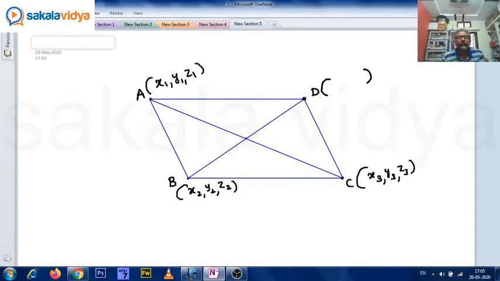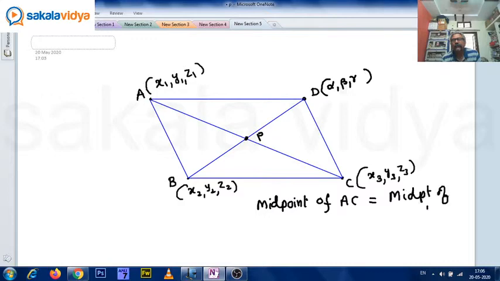Here, see, for example, this is the point of intersection of the diagonals, diagonal AC and diagonal BD. For example, say this is P. P is the midpoint of AC. P is the midpoint of BD also. So we have one concept: the midpoint of AC equals the midpoint of BD.